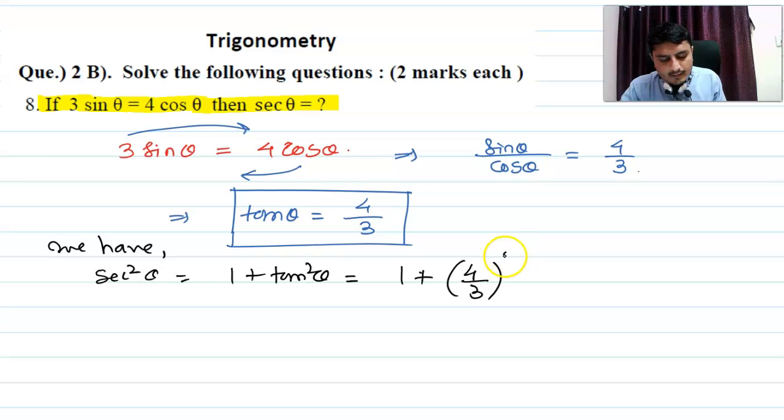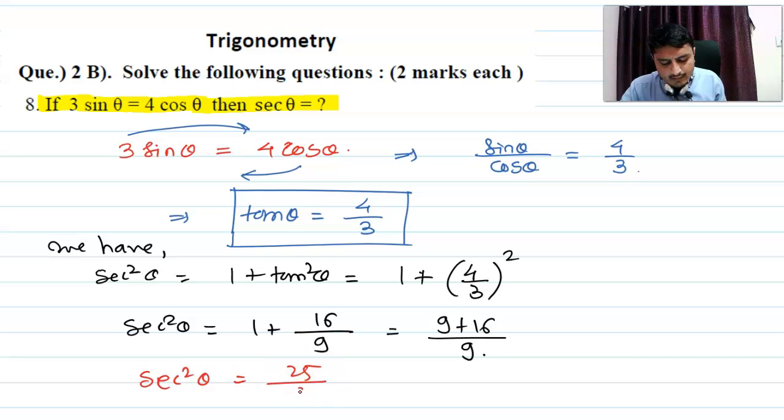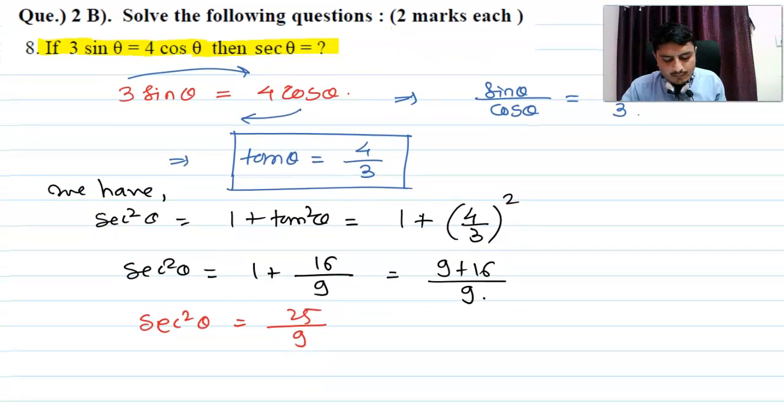Now once we separate out the square of numerator and denominator, 4 square is 16, 3 square is 9. Let's do the cross multiplication over here. We are getting 9 plus 16 divided by 9.